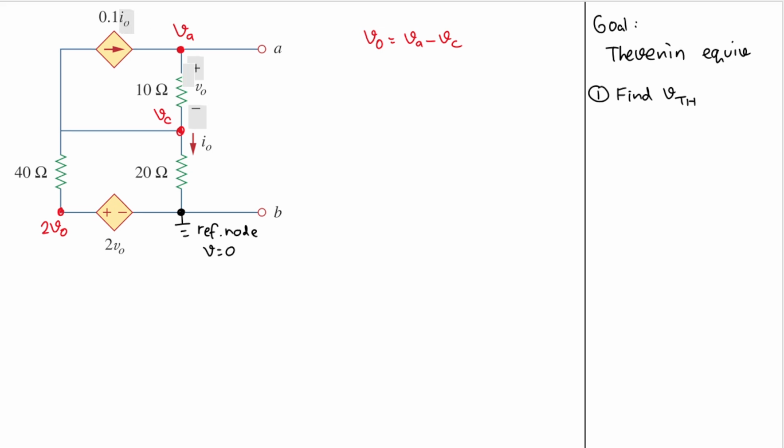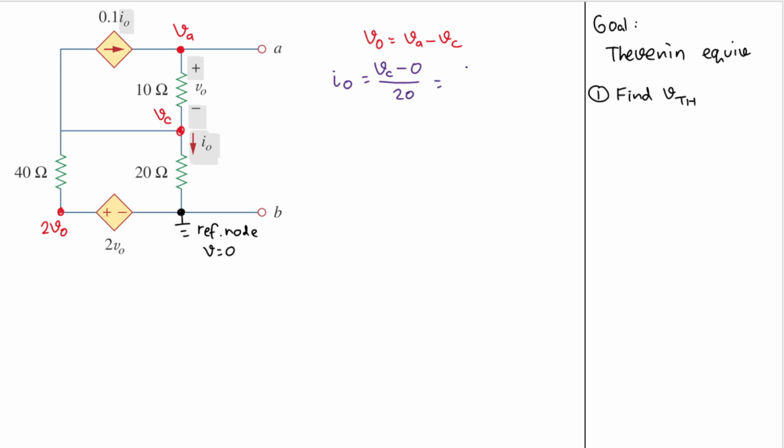This is dependent on IO, but what is IO? IO is the current that passes through this 20 ohm resistor. So we need to find out what IO is. IO is the voltage divided by the resistance. The current comes from VC and goes to the reference node. So I have VC, where the current comes from, minus 0, where the current goes to, and we divide it by the resistance between them, which is 20.